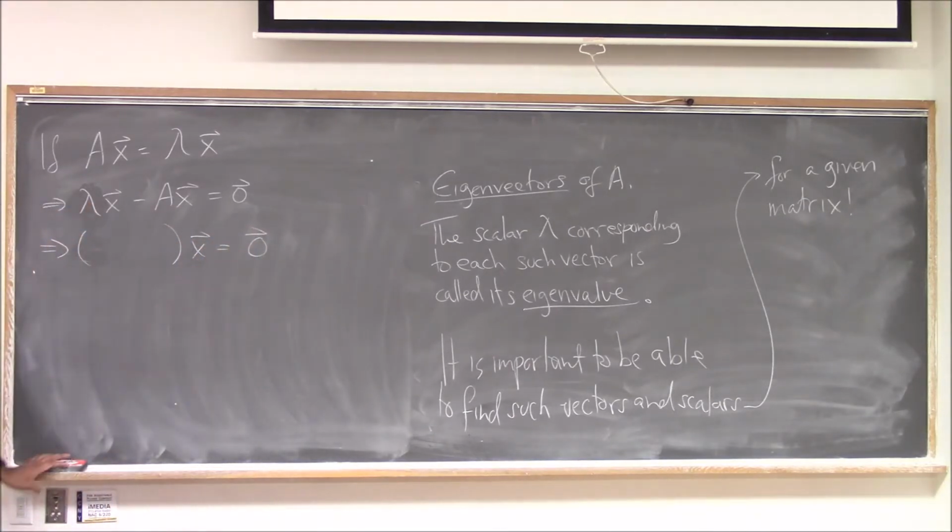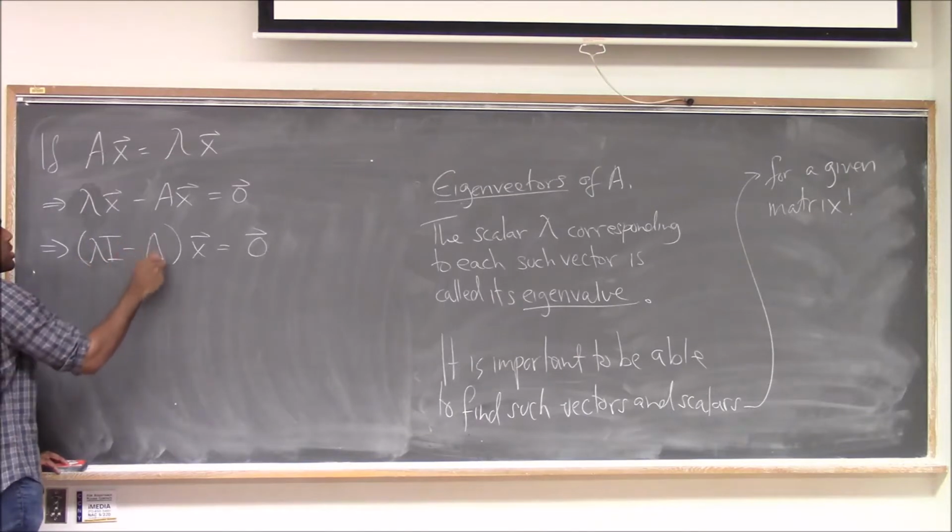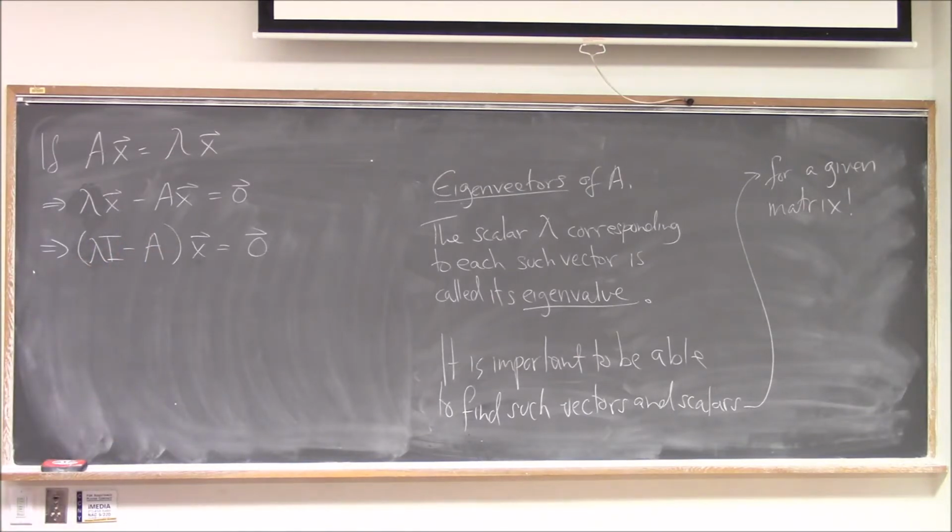It stays on the right side because matrix multiplication is not commutative in general. This lambda is a scalar, so it won't make sense for me to just write it by itself. So it's customary that if we want to represent a scalar equation in a matrix, we multiply it by the identity to give it a matrix form.